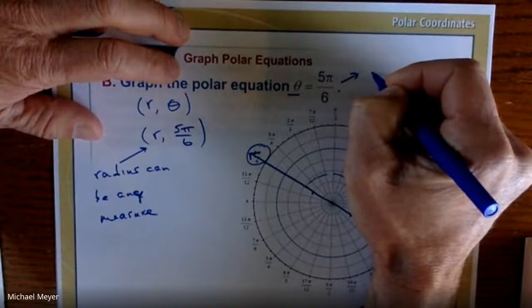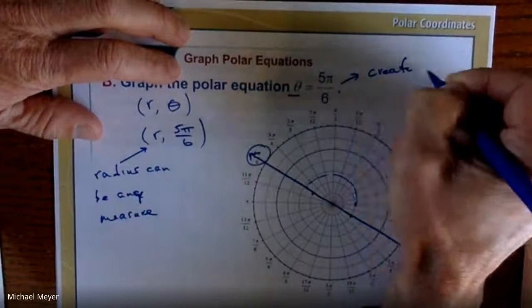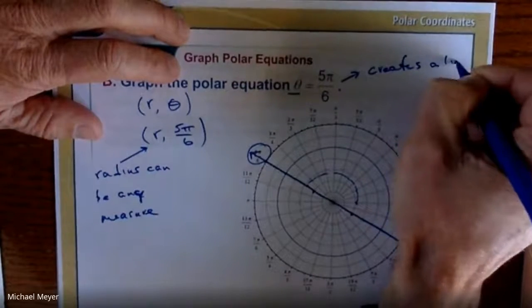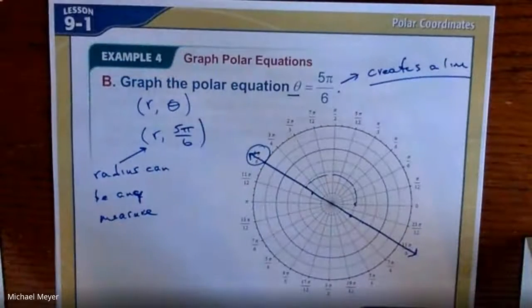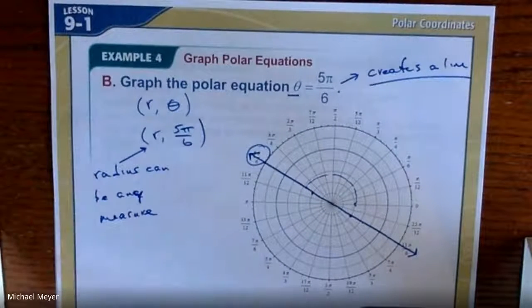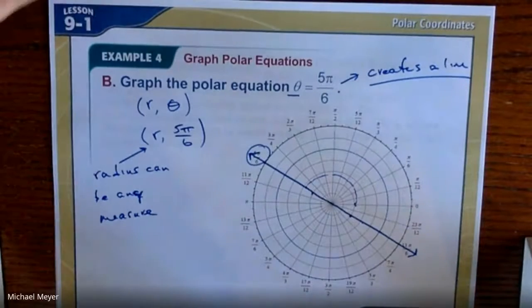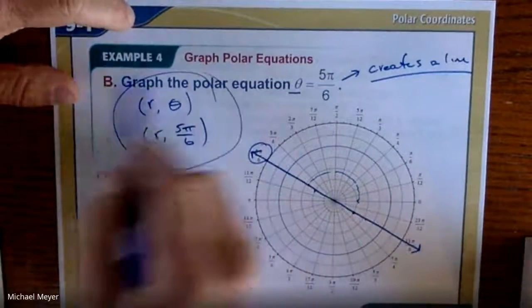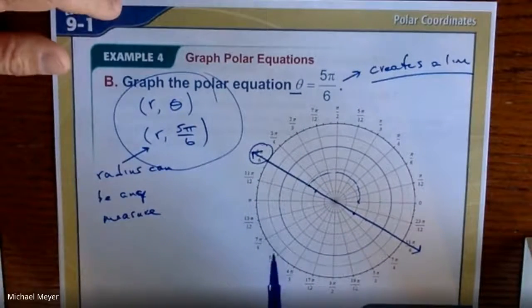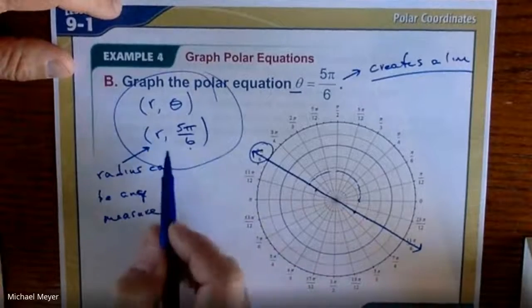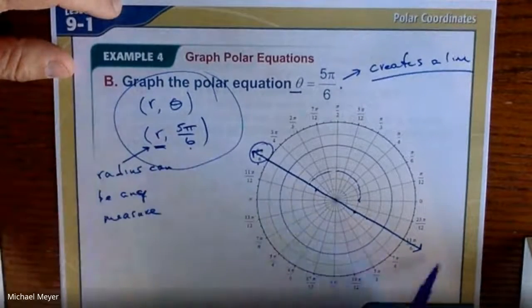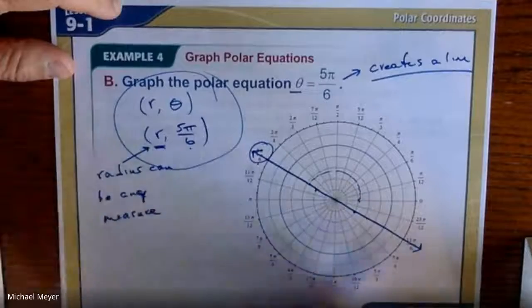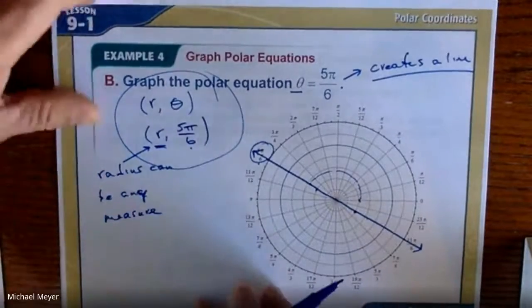So theta equals 5 pi over 6 creates a line. I want you to remember, if it's a radius equals, that always forms a circle when you graph it. If it's theta equals an angle, that's always going to create a line. I think this is very helpful to remember, and it tells you what's going on. I have angle theta of 5 pi over 6, and the radius can be any value. So I just connect all the dots with all the radii, and I form a line.